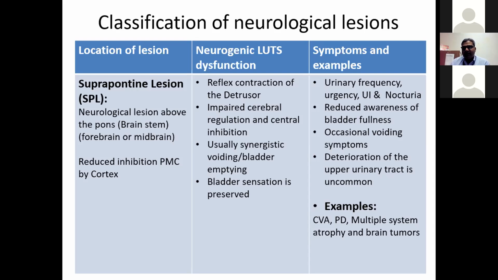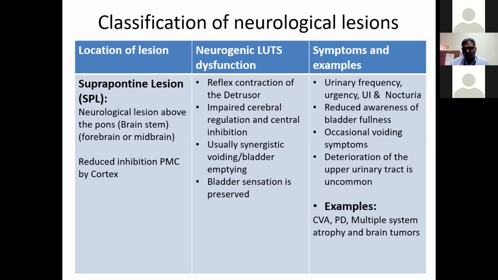The symptoms and signs that patients have are urinary frequency, urgency, urge urinary incontinence, and reduced awareness of bladder fullness. Very less often they have some of the voiding symptoms, and deterioration of the upper urinary tract is uncommon because there is no detrusor sphincter dyssynergia.